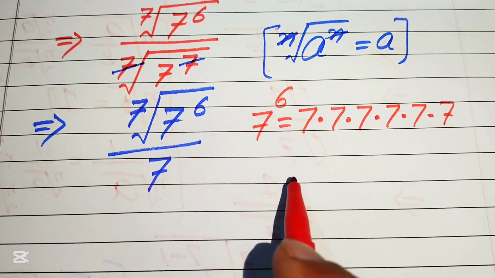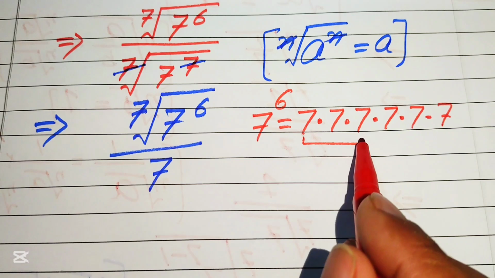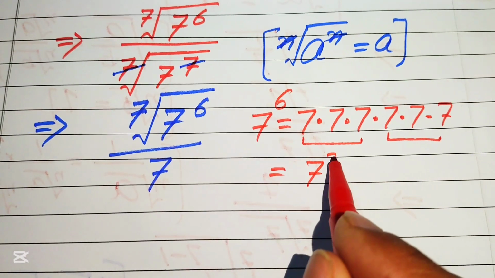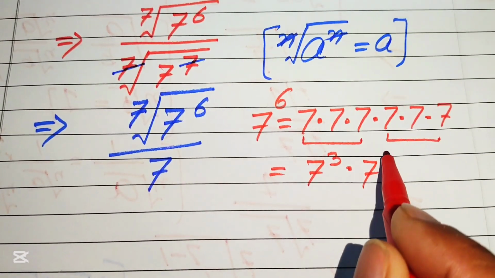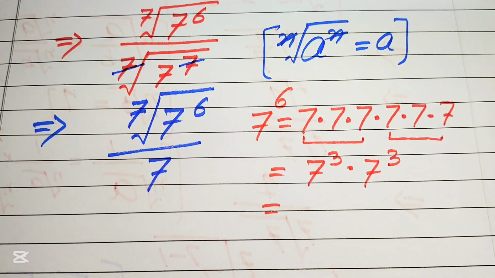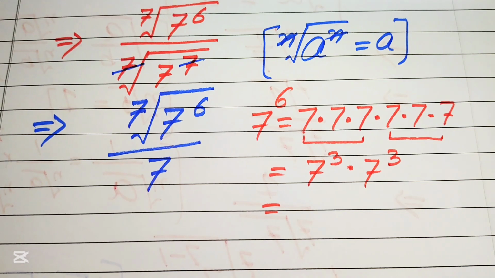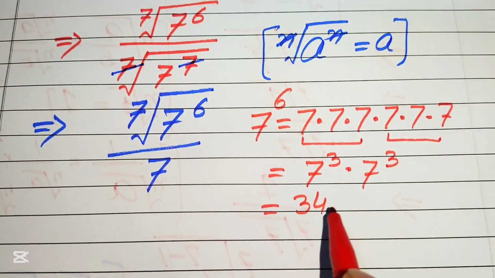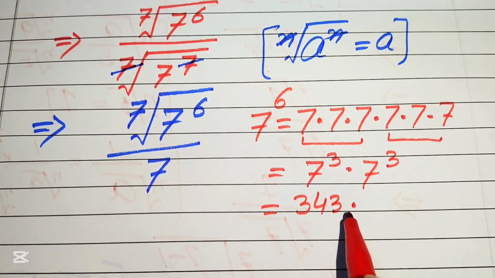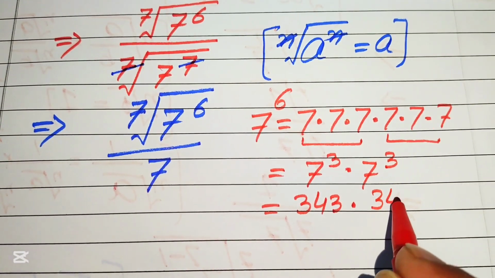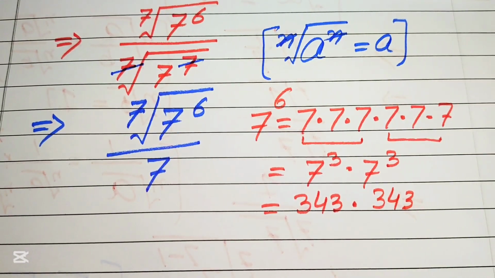If you make pairs of these sevens, you get 7 cubed multiplied by 7 cubed, and if you multiply 7 with itself 3 times, you obtain 343, multiplied by 7 cubed, which is also 343.